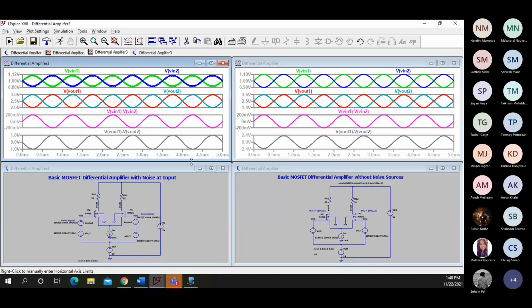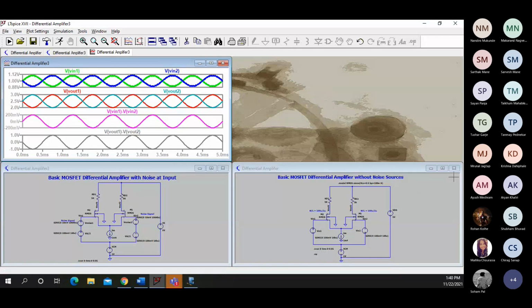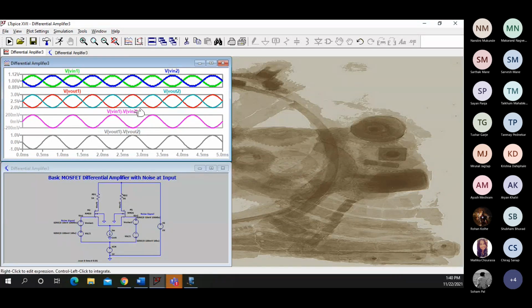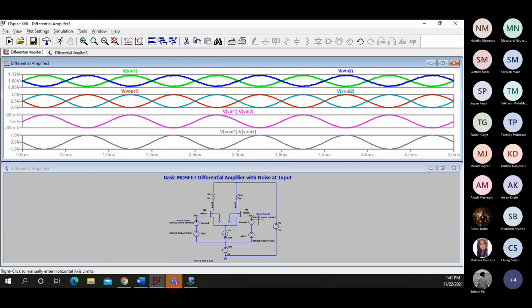Now I want you to show me this circuit and the outputs.